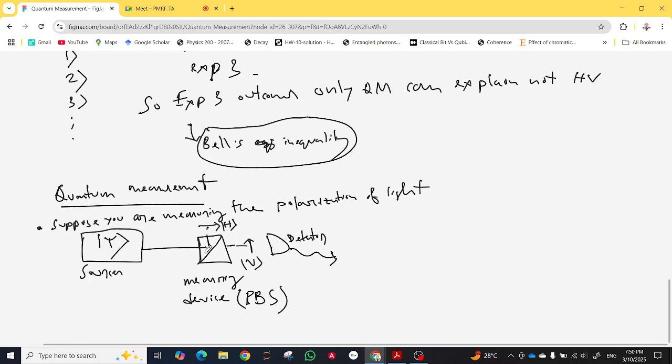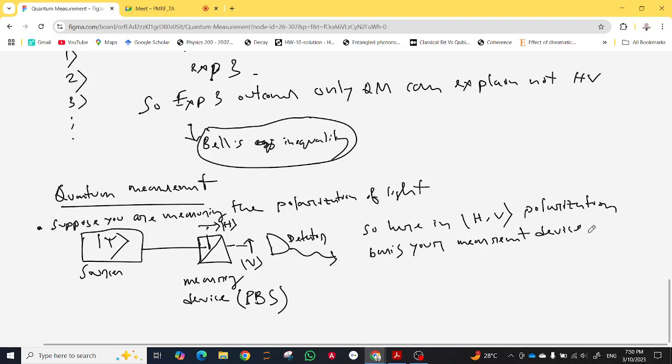So here, in the HV polarization basis, your measurement device is a beam splitter.